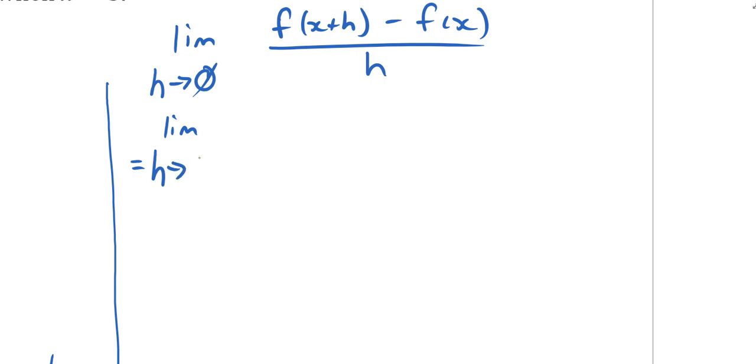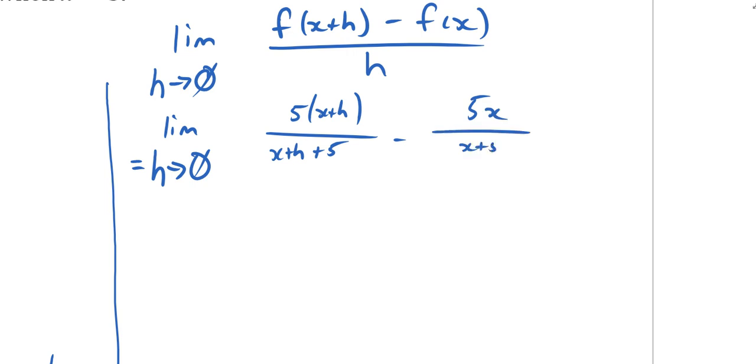I think they work out to be about the same number of steps. The substitution's a little bit harder. So I have to substitute x plus h into the original function. So it was 5x, so it's 5 times (x plus h) over (x plus h) plus 5, minus f at x, all over h.